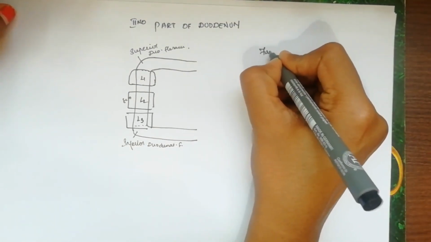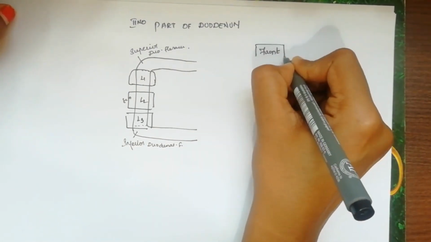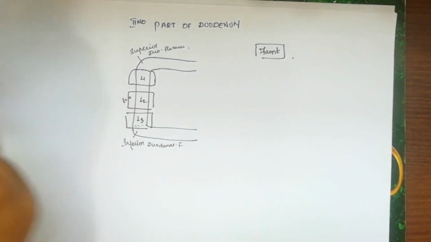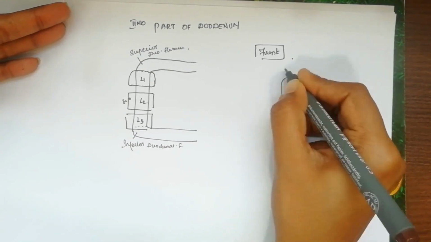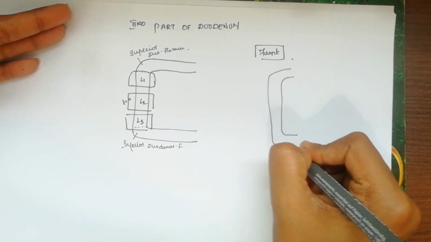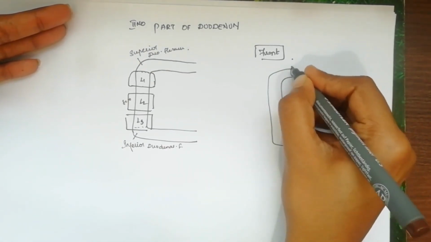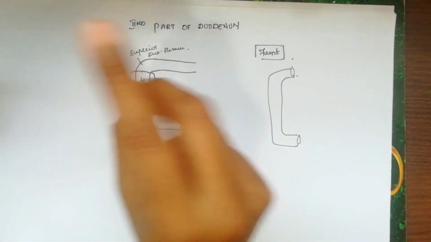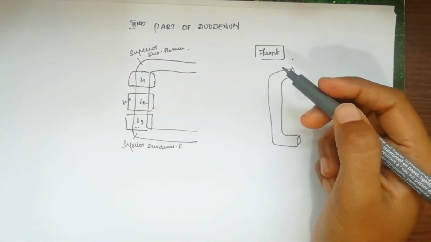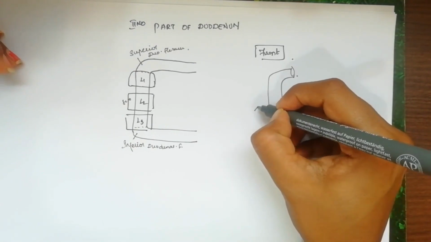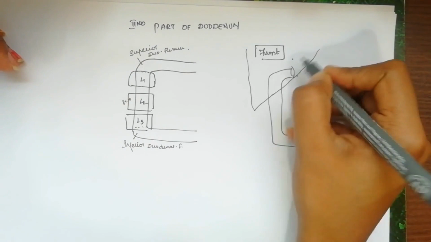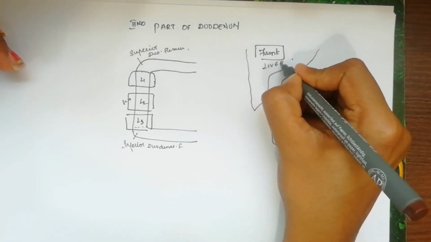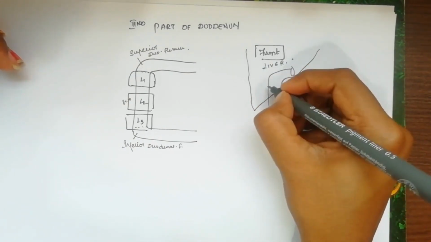In front of the second part of duodenum, first we have got the relation of liver. The upper part is related to the liver, and in the liver we have the duodenal impression.